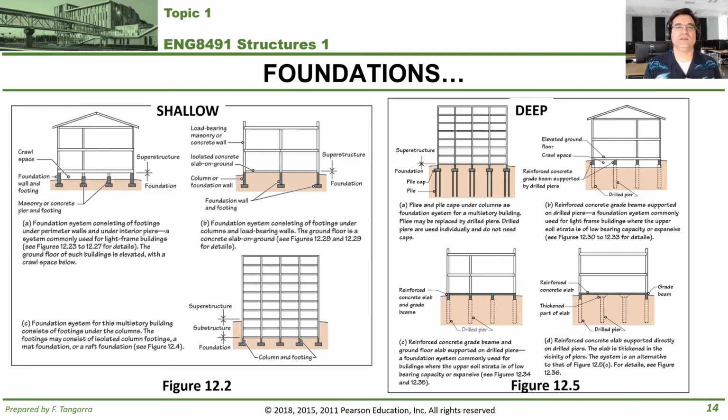Let's start with deep. Those are the foundations you see on the right-hand side of your screen. Deep foundations are the ones that look like tree roots. That is, the footings reach very deep into the soil under the building, way past the habitable portion of that building. Basically, tree roots reaching down.